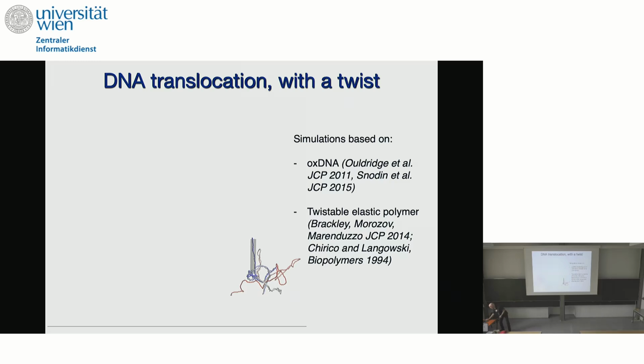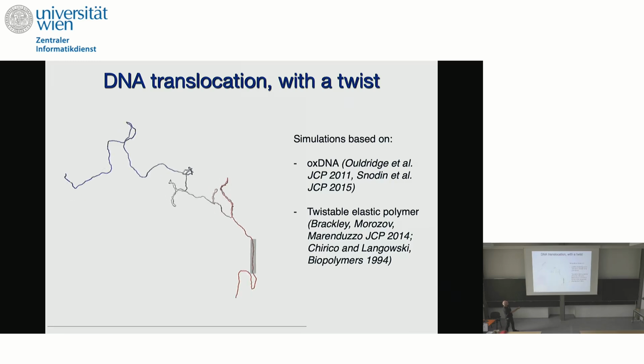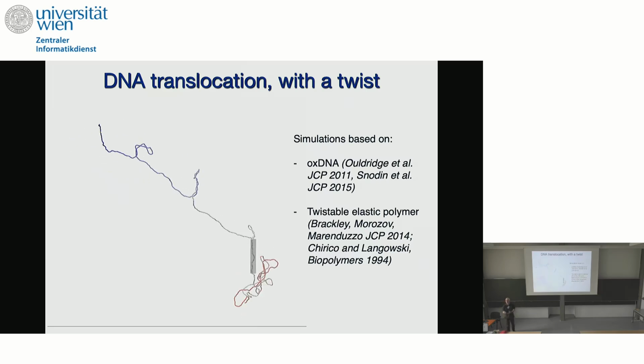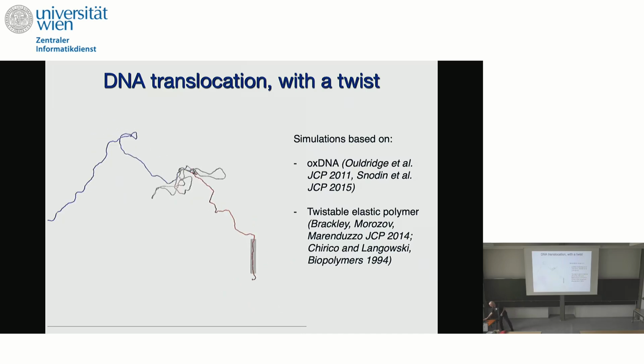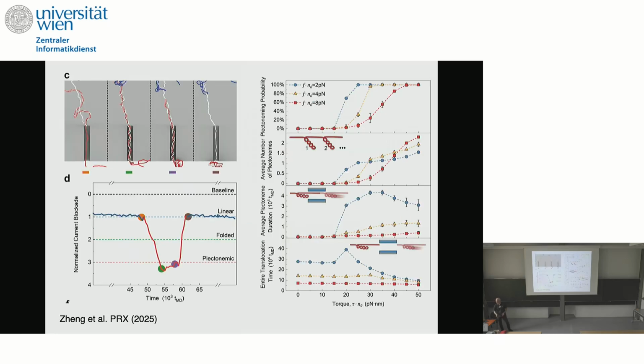Okay? So let me play it again. You can see the relevant phenomenology. Plectonemes form, they don't necessarily make it through the pore, so there is a certain transmission coefficient. Some of them can dissipate along the way, but this is a new phenomenology that appears. And therefore, indeed, what you can check through simulations, and I think this is the last slide, is that plectonemes appear.